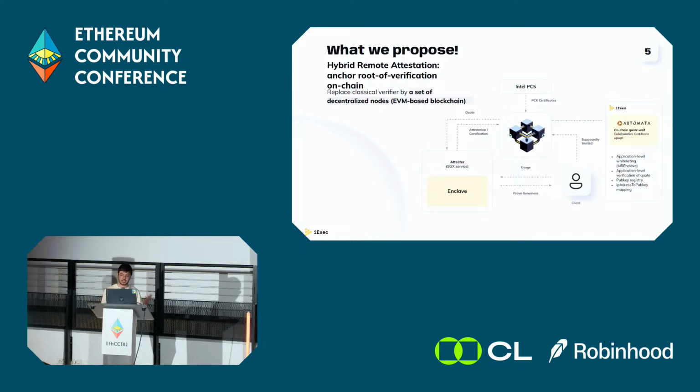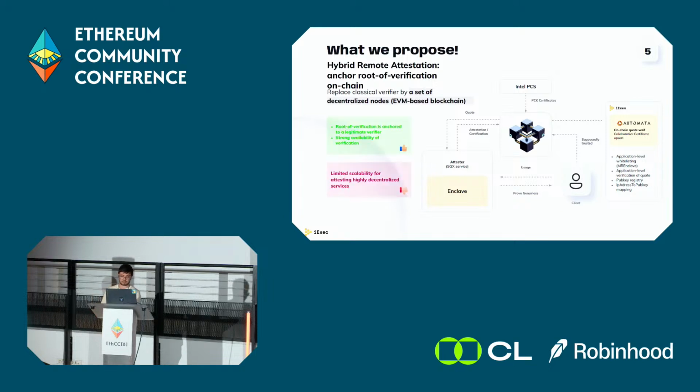So we have an application-level whitelisting where we whitelist the tolerated MR enclaves that could be executed in our cluster. We also have a public key registry where we register the machines that have been tolerated by our protocols to be executed inside our cluster. And we also have a mapping between the IP address of each tolerated machine and its public key.